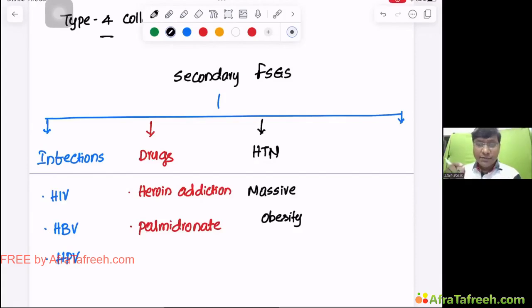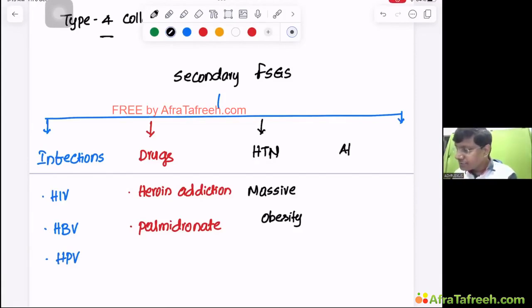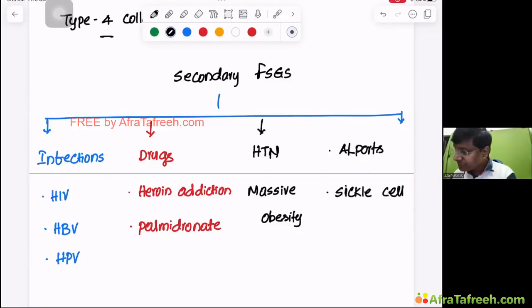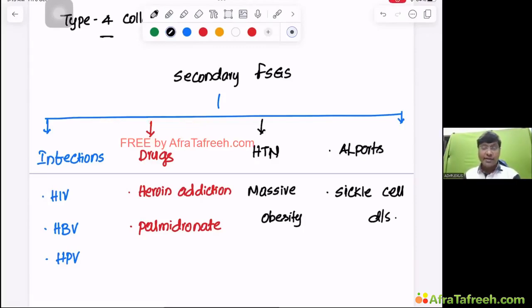Apart from this, we have a genetic disorder of the kidney itself where you can have the development of focal segmental glomerulosclerosis, that is Alport syndrome, and one hematological condition, that is sickle cell disease. Okay, so these are the etiologies that will be contributing to secondary causes for focal segmental glomerulosclerosis.